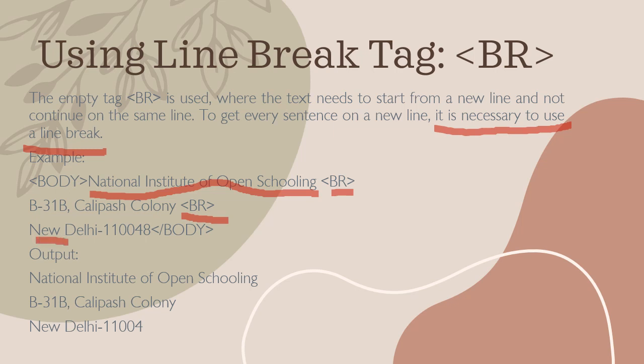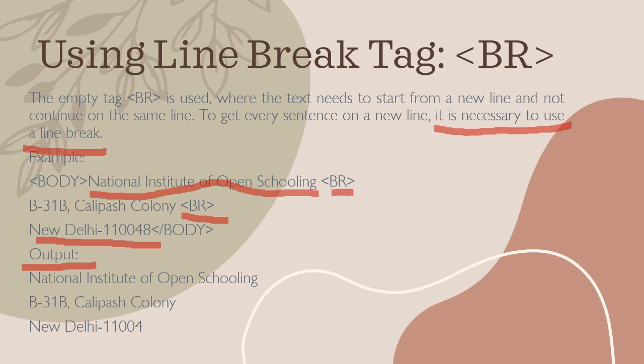It will continue New Delhi 110048, and then the body is going to be closed. The output can be shown here. First the National Institute of Open Schooling, after that the next line continues from a new line, that is B31 and so on, and the next line continues from a new line, that is New Delhi 110048.